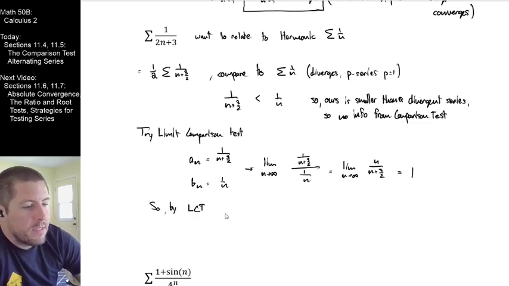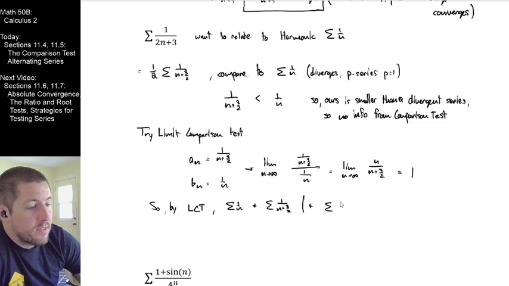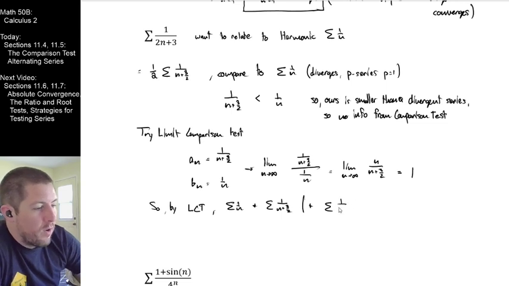by the limit comparison test, the series 1 over n and the series 1 over n plus 3/2 and the series 1 over 2n plus 3, which is really 1/2 times the series 1 over n plus 3/2, all either converge or diverge.